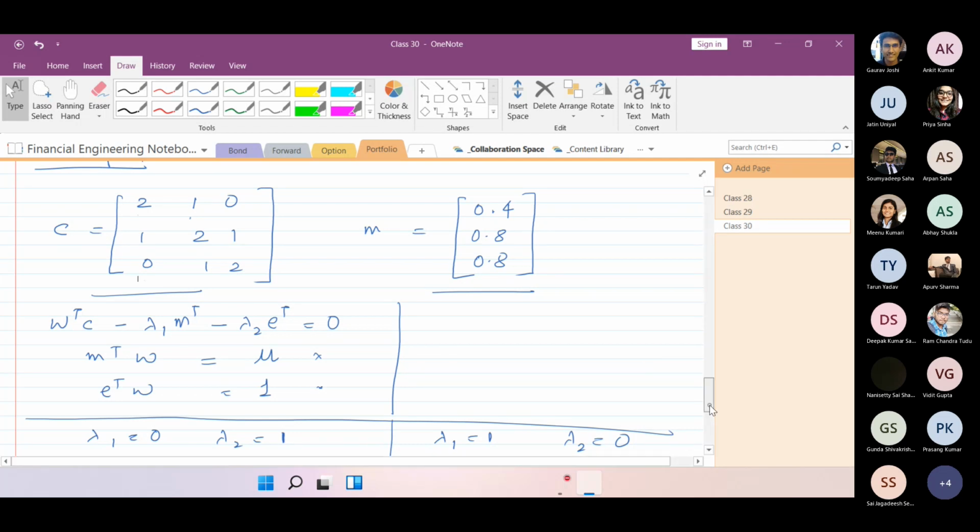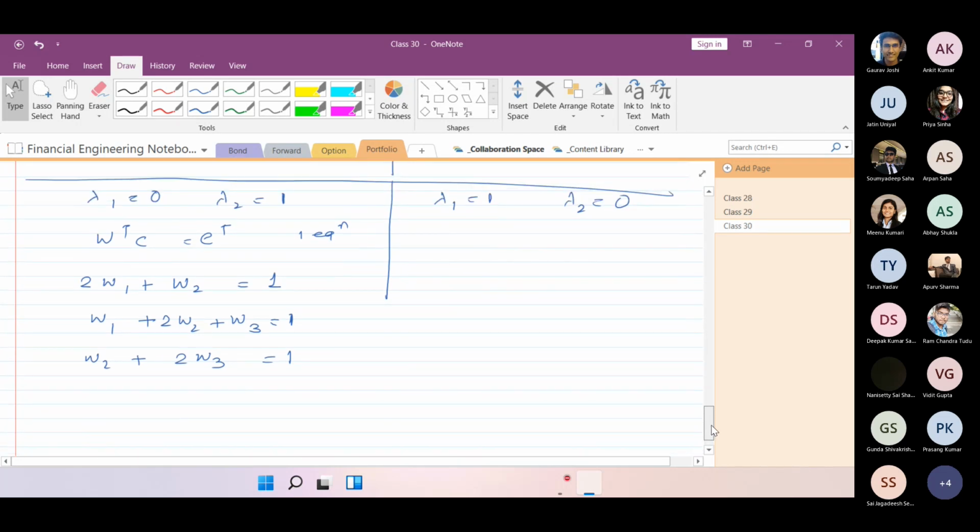Right, so what is the solution here now for W1, W2 and W3? If I solve this, which becomes my first solution, the weights would be 0.5, 0 and 0.5. Put that into the equations, it will satisfy.